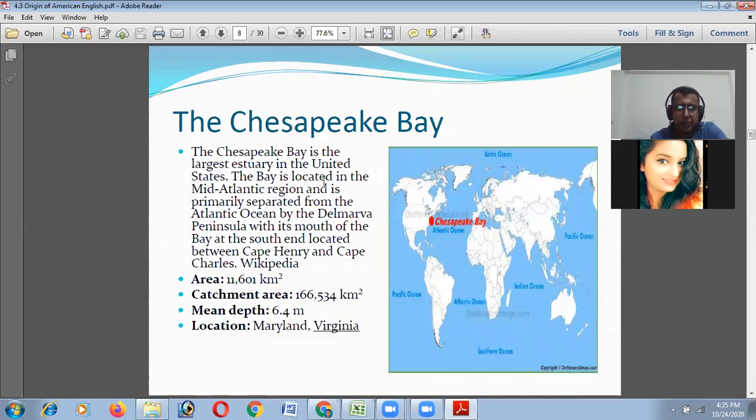The bay is located in the mid-Atlantic region and is primarily separated from the Atlantic Ocean by the Delmarva Peninsula, with its mouth to the south, located between Cape Henry and Cape Charles. So this is the first settlement in America by the British people.